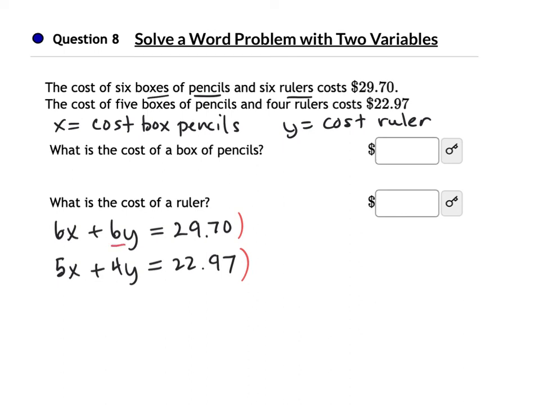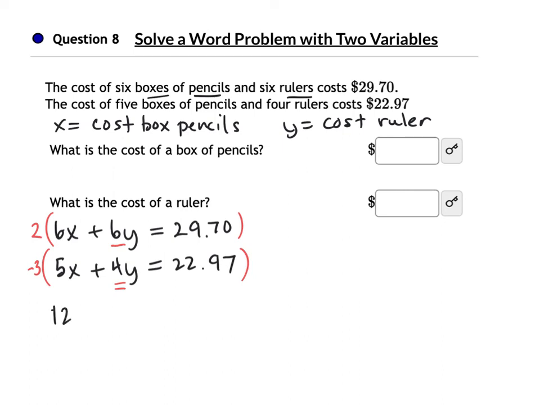Looking at this 6, looking at the y's, I could multiply that by 2 and make it positive 12. And then looking at the 4, I want to make it opposite, so I'll multiply by negative 3, and that would make the 4 negative 12. So I'll multiply everything in the top equation by 2, and everything in the bottom equation by 3, and rewrite the equations. Here goes.